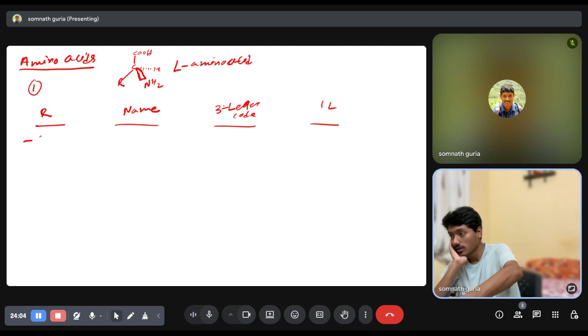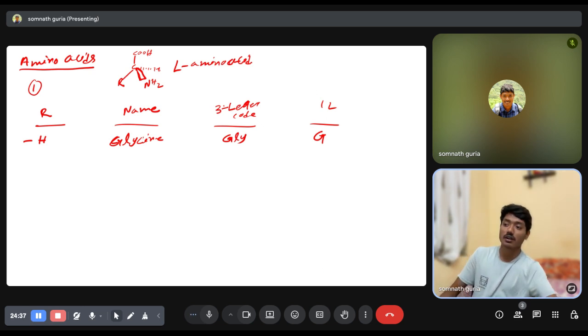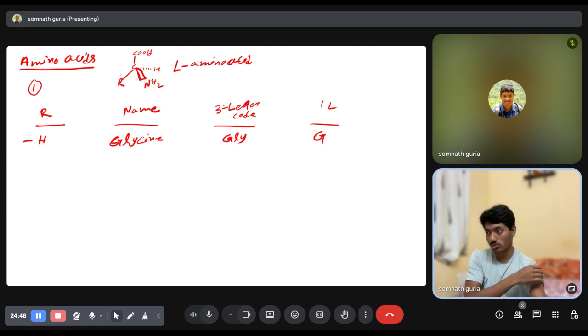If R equals only hydrogen, that is called glycine. Remember that when R is hydrogen, this center becomes achiral. Glycine: the three letter code is GLY, and the one letter code is G. We have to remember at least the one letter code, because to define a peptide we need the amino acid codes.